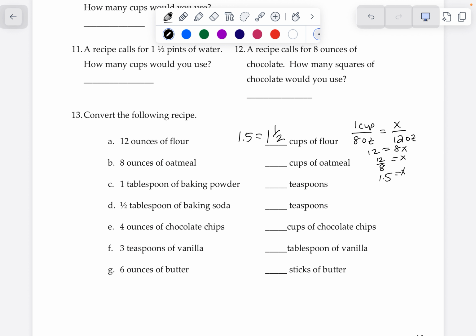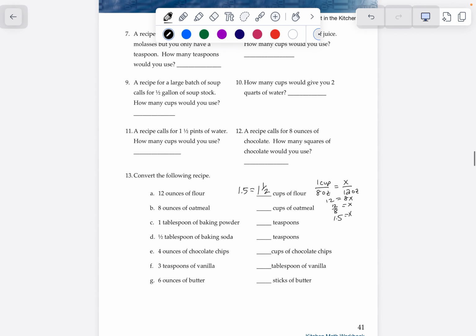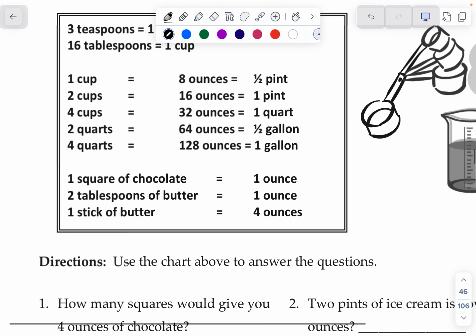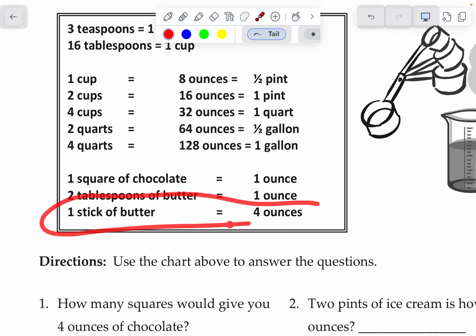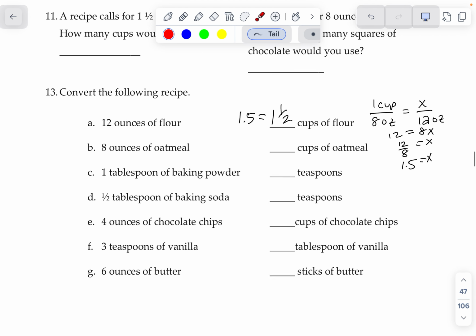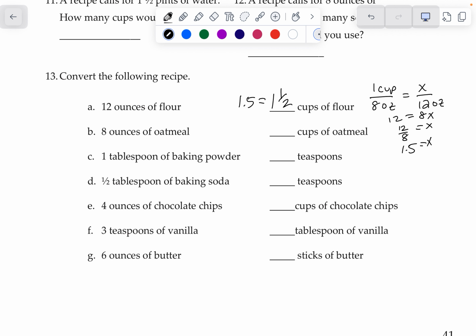And let's do the bottom one here. Let's do G. So we need information about ounces of butter. Right here it says that a stick of butter is 4 ounces. So you're going to set up a proportion. 1 stick is 4 ounces. So how many sticks is our unknown?